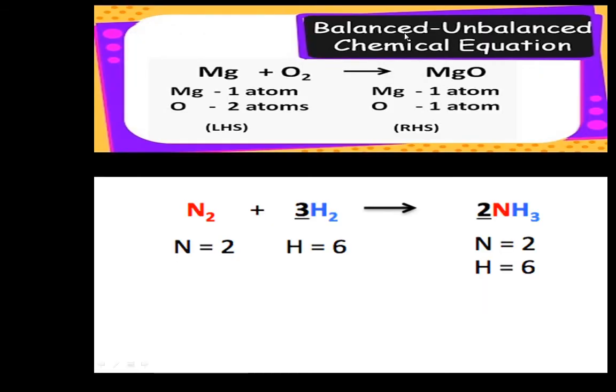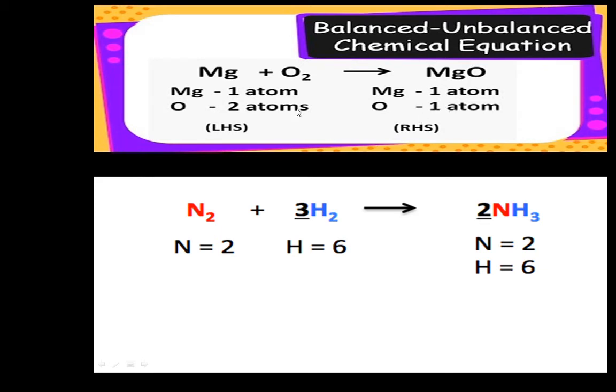Okay. Now balance an unbalanced chemical equation. It is a simpler one. Look at the reactant part, the left hand side, Mg plus O2. How many magnesium atoms are there? 1, and oxygen 2. Here MgO, Mg 1, and O is also 1 on the right hand side. So we have to balance this reaction.